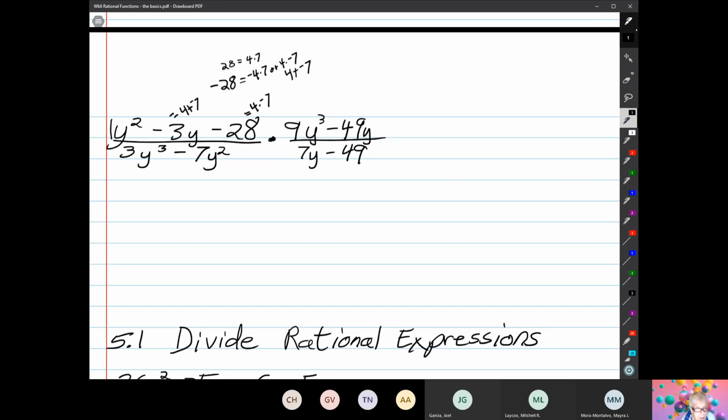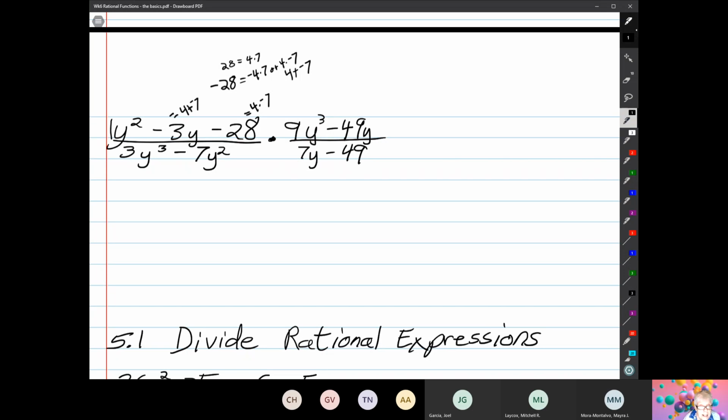Now, down here, you only have 2 terms. So it's a binomial. And there's y times y here, and y times y here. So both of these terms contain a y times y, which is y squared.